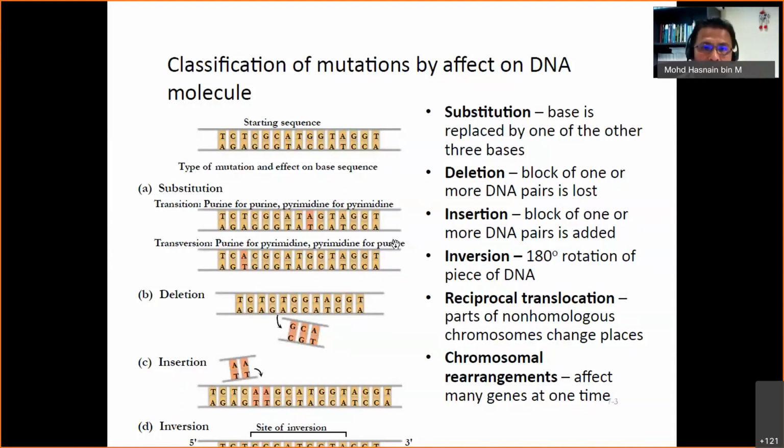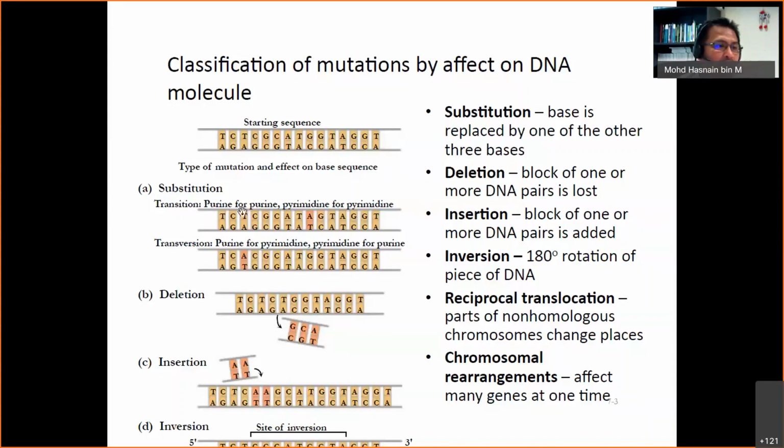You remember adenine, thymine, purine, pyrimidine. Adenine is purine, thymine is pyrimidine. Guanine is purine, cytosine is pyrimidine. So if you have a sequence of adenine, thymine change to guanine, cytosine, then A becomes G. So that is a transition.